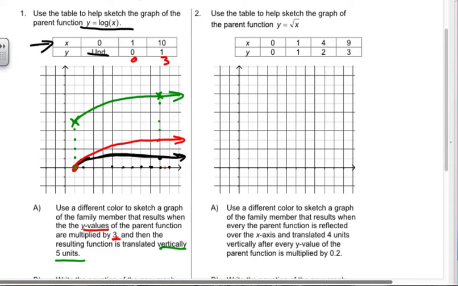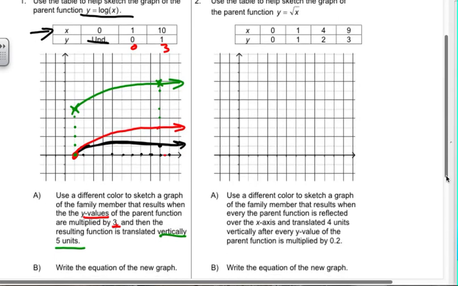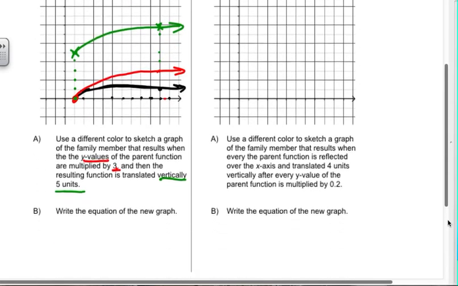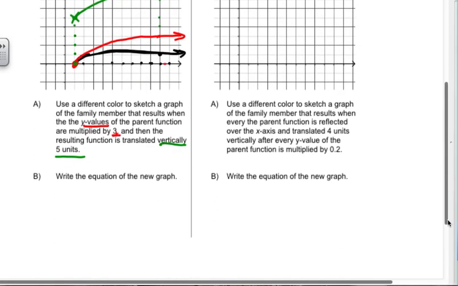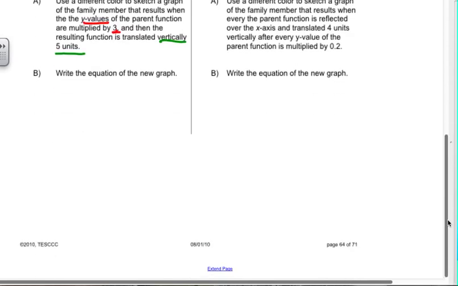Okay, so what they ask us to do now in the bottom part of this is to write an equation of the graph. So if we pull out the notes, we had talked about this. What we're doing, first part, is I'm going to keep my y equals.